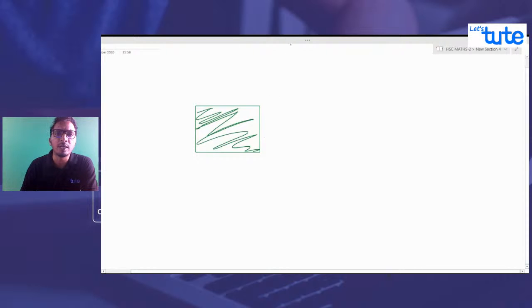But what information we have is that the length is 3 meters less than the breadth. So if I take x as the breadth, then 3 meters less than that would be x minus 3.